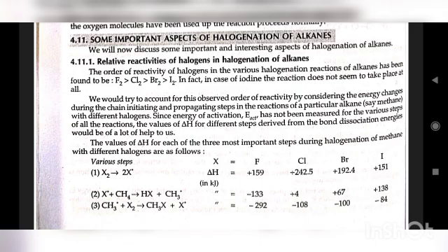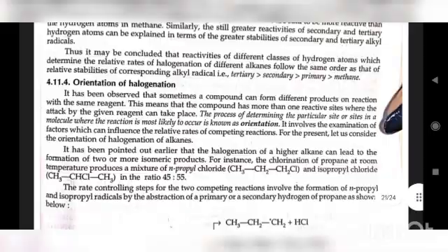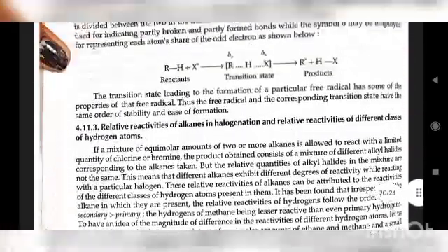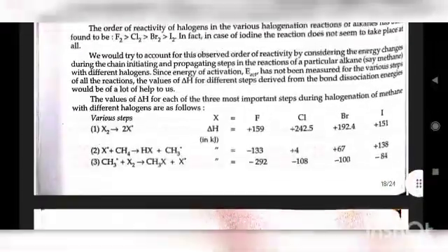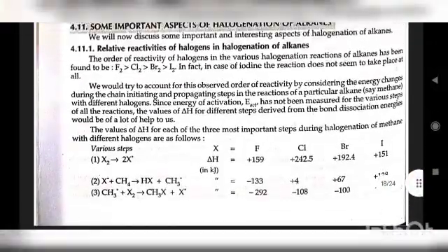We would try to account for this observed order of reactivity by considering the energy changes during the chain initiating and propagating steps in the reaction of a particular alkane with different halogens.